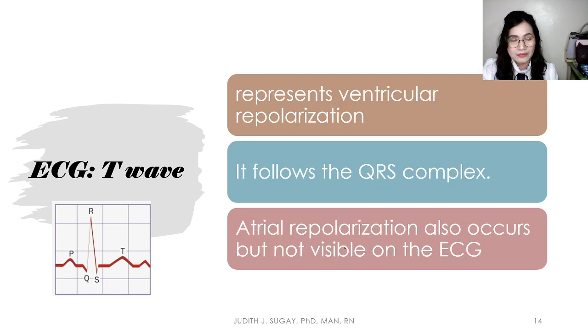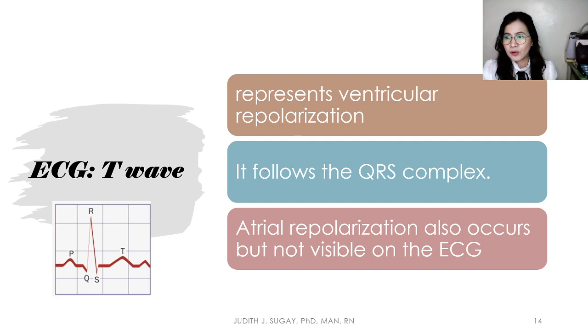We now have here the T wave. The T wave represents ventricular repolarization. Again, when we say repolarization, it is when the cells regain charge. It is the time when filling of the ventricles happens. Sometimes, of course, it will also be referred to as the resting status.